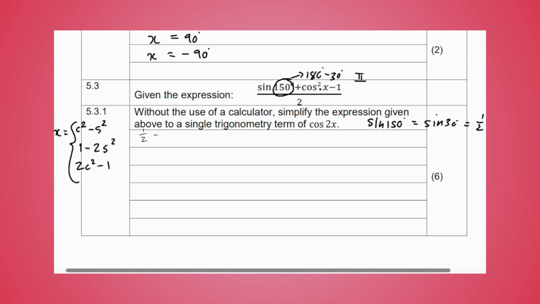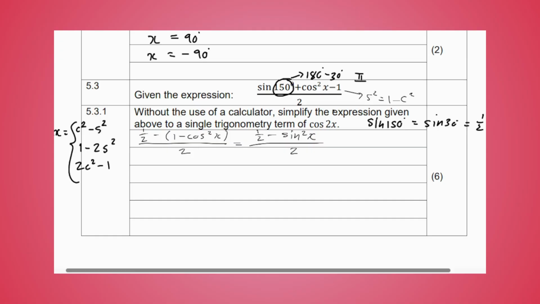But this is not in the right form, because sin squared is 1 minus cos squared. So if you take a minus out, then you have 1 minus cos squared x, which we know is sin squared. We have a half minus sin squared x over 2.